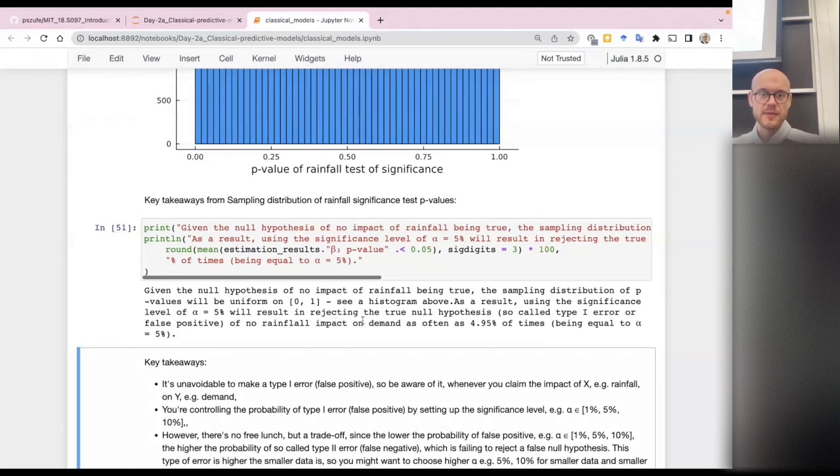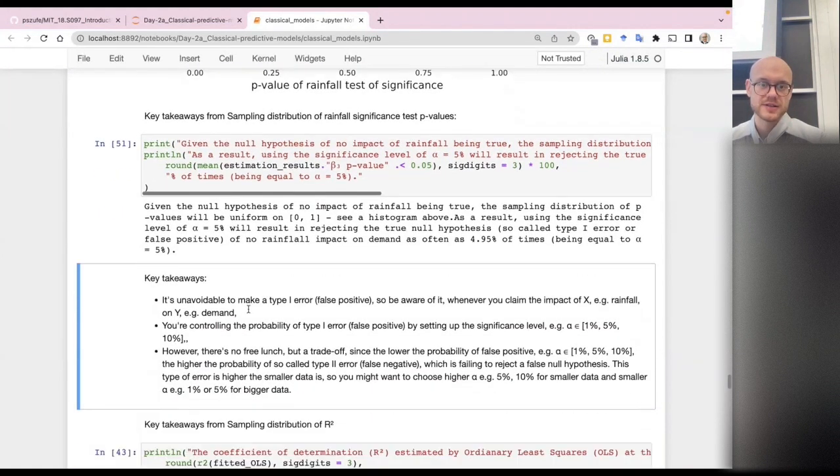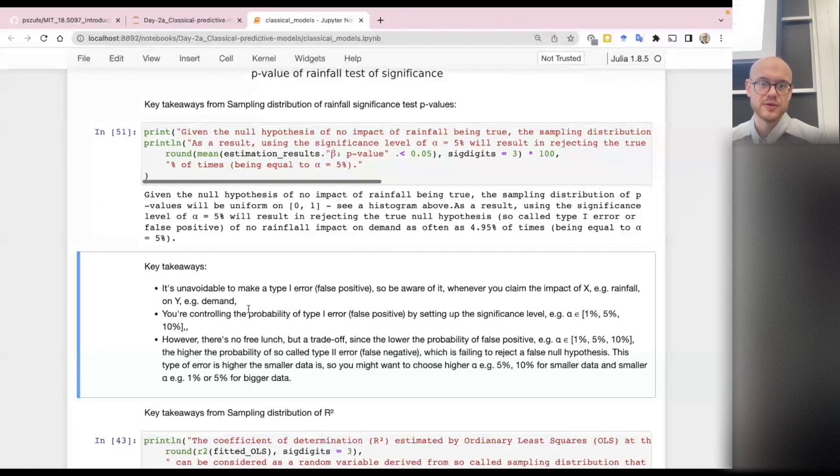This is something you should expect whenever you are doing statistical testing, that there is some error. There are two types of error. The first type is controlled fully by you when setting the significance level, the threshold level, either 5% or 10% or maybe something else. But there is also a type 2 error.